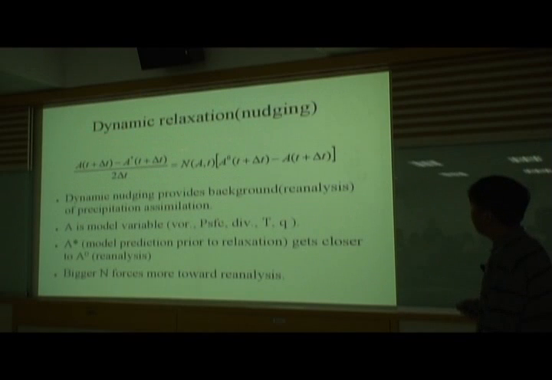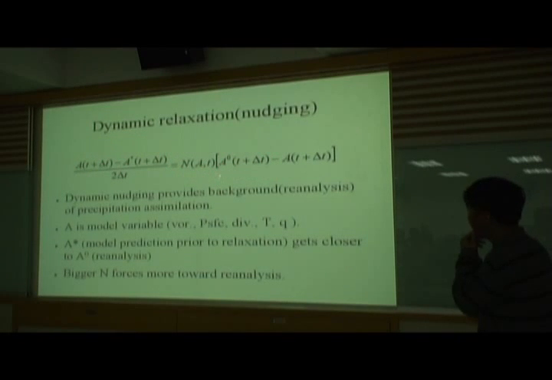So the dynamic relaxation scheme is like this. Dynamic nudging provides the background of precipitation assimilation. Suppose A is a model variable and A star is a model prediction prior to relaxation. And then we apply nudging, then we produce A with the reanalysis data.